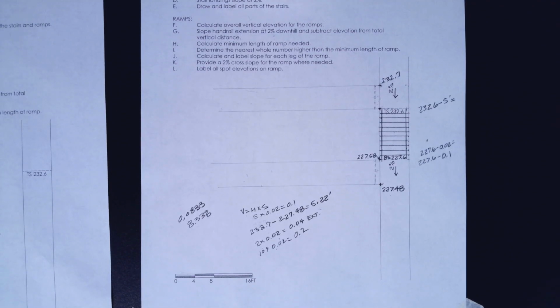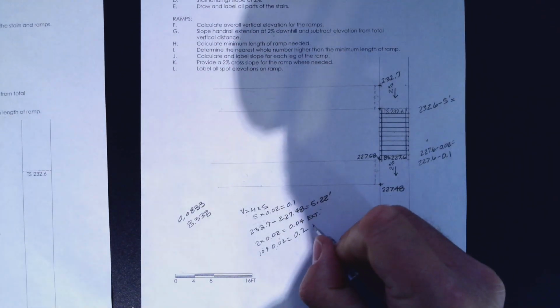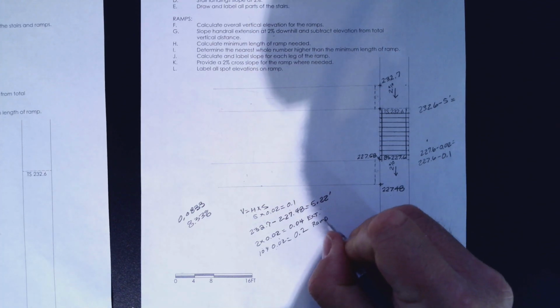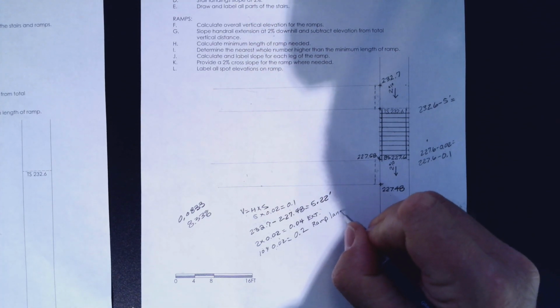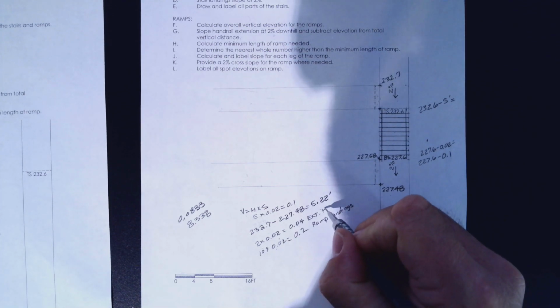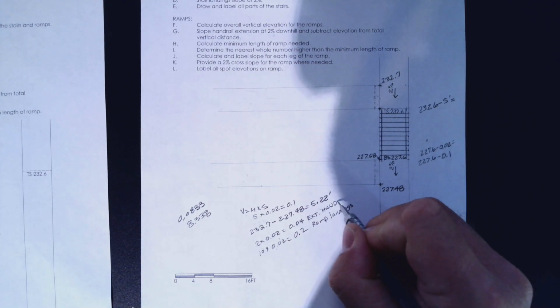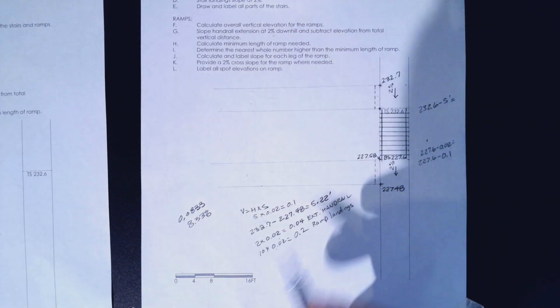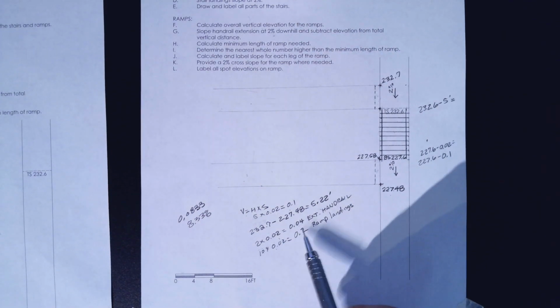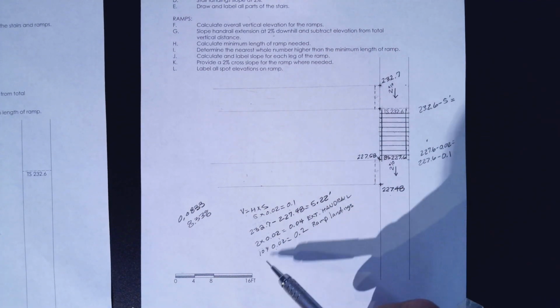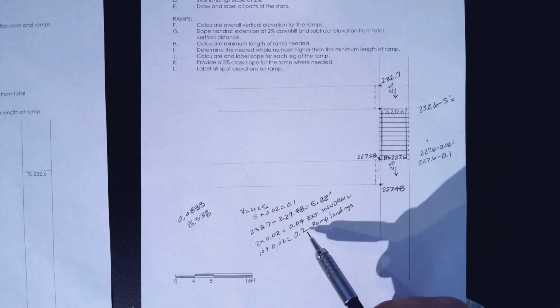And that is the length of your landing. So that's your ramp landings, and this is your extension for your handrails. Write that so you can see. So we've got 2 of these handrail extensions, one there and one there, and we've got 2 ramps.